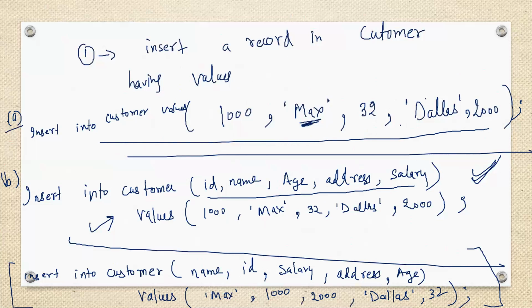But when we are using this particular syntax, we can jumble the order in which they are occurring. So if I am writing name over here, I will provide name as my first parameter in values. Got it? Be comfortable with this one too. It's very important. Change one next one.